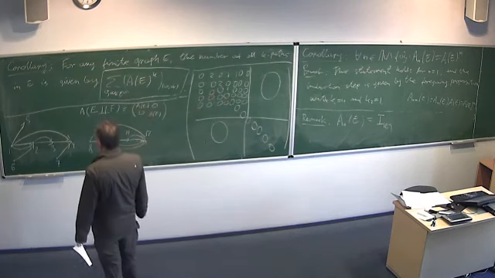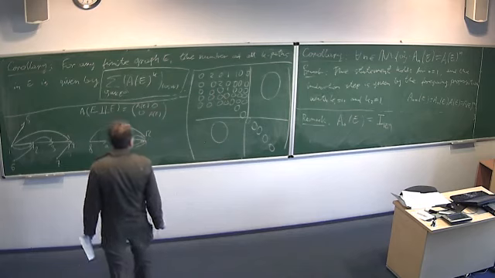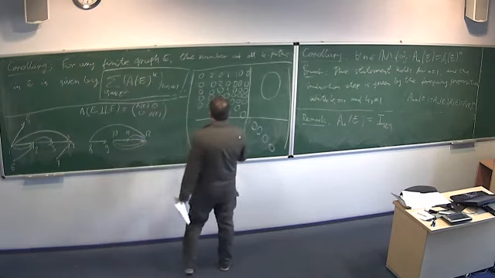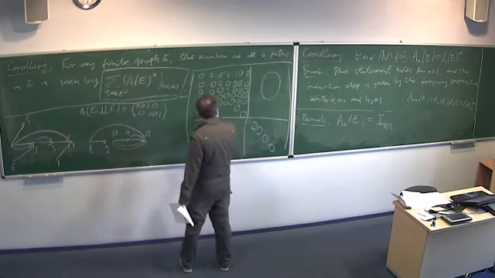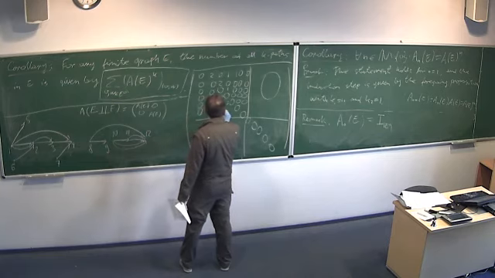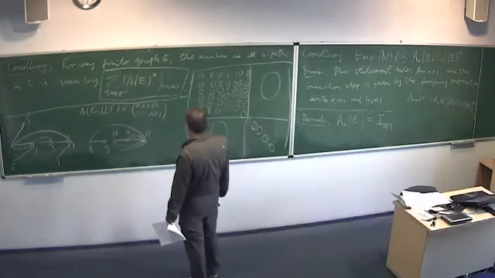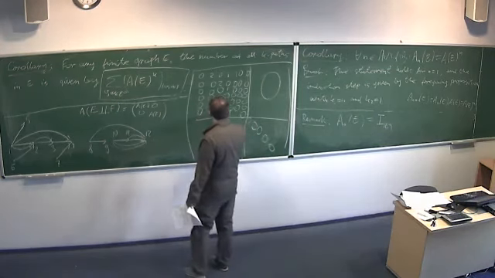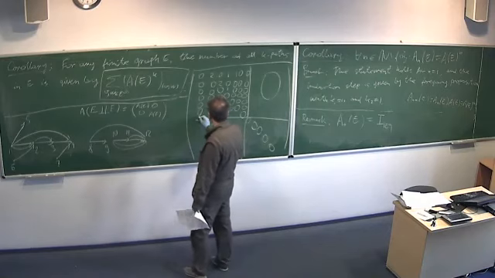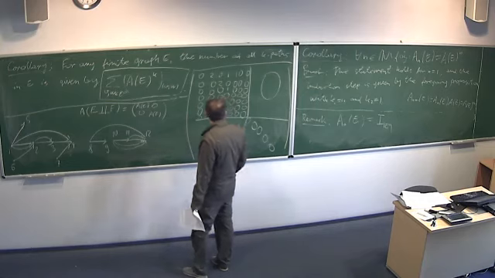But 6 is a source, and it has edges only to 2. And it has 1 edge. So it's 1 here, and everywhere else it's 0. And finally, 7 is a source, but it maps only into 4. So I have 1 in the 4th position. So 0, 0, 0, 0, 0.